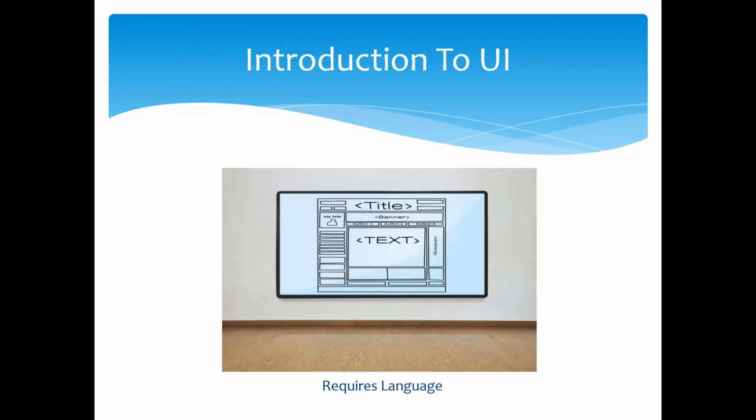Similarly, this is my laptop, and I can communicate with the laptop through UI technology. Any machine that has UI technology lets a person communicate with that machine. So a human being can communicate with a machine with the help of UI.